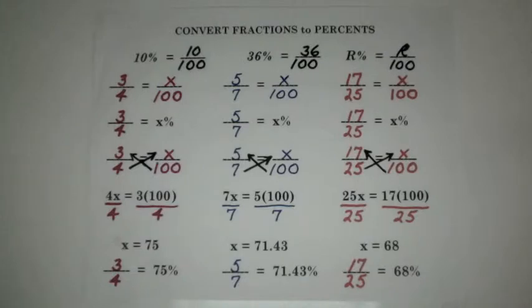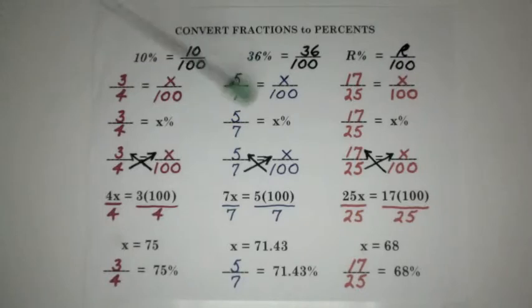Let's look at the next example. I want to convert the fraction 5/7 into a percentage. I need to find an equivalent fraction with 100 in the denominator in order to do that, because percentage is based on a total of 100 parts. So I have to find an equivalent fraction for 5/7 that has 100 in the denominator.